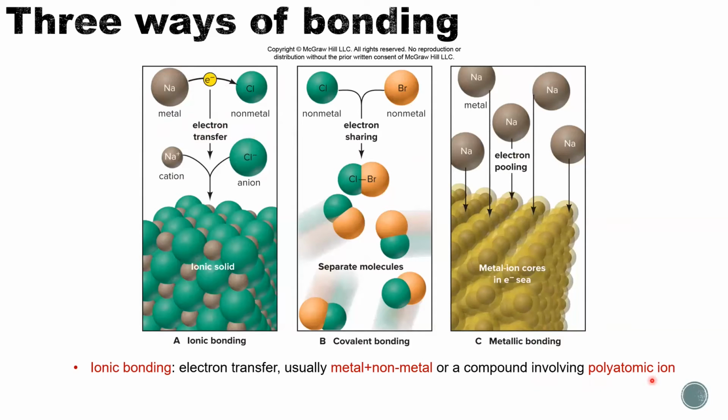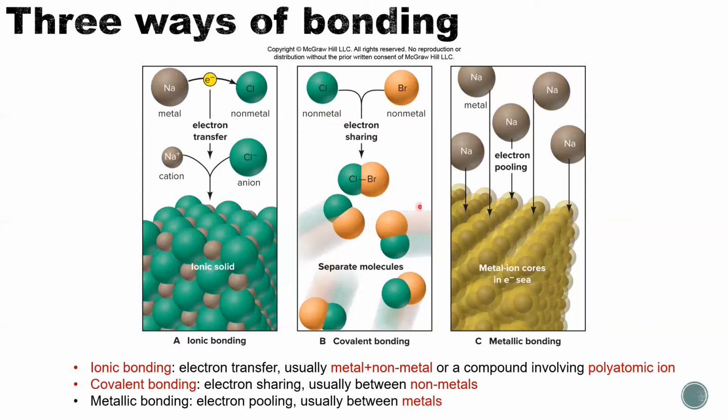If we have a polyatomic ion, then the polyatomic ion formed with other atoms or other groups, that bond is also ionic bonding. If we have two nonmetals, they can be the same or different, but as long as there are two nonmetals, usually they form covalent bonding. Finally, if we have a bulk of pure metal, then it's metallic bonding.